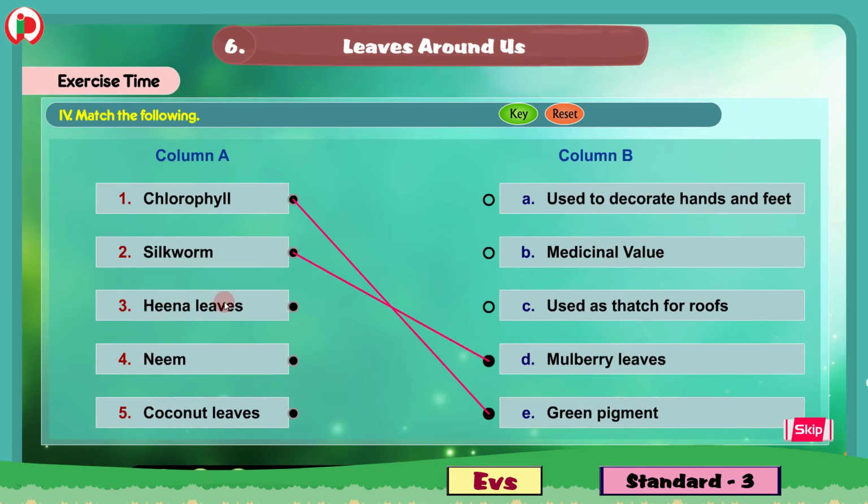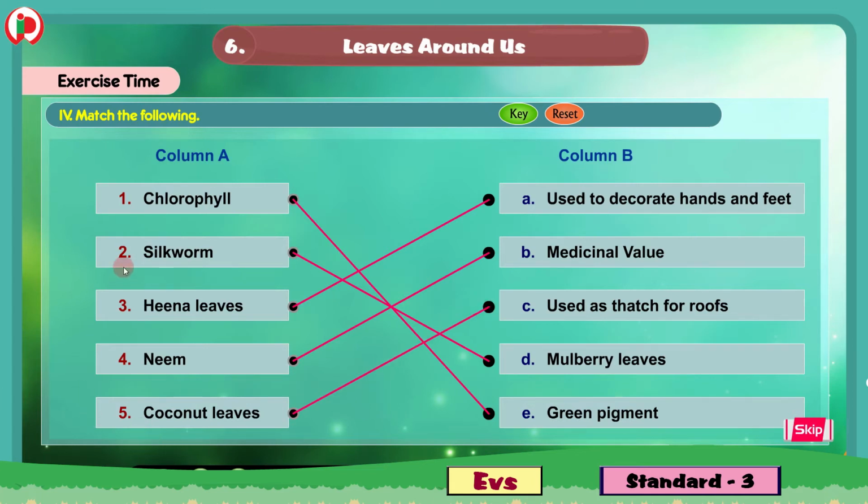Henna leaves are used to decorate hands and feet. We will match henna leaves with A. 4. Neem has medicinal value. So we will match neem with B, that is medicinal value. 5. Coconut leaves are used as thatch for roofs. So we will match coconut leaves with C.